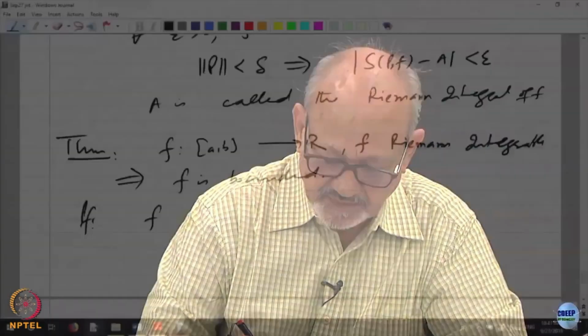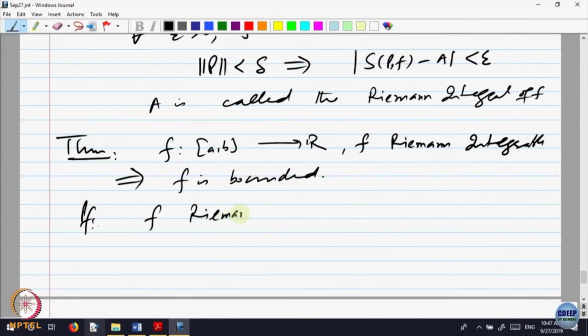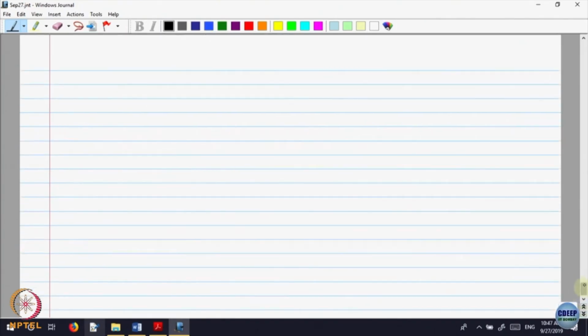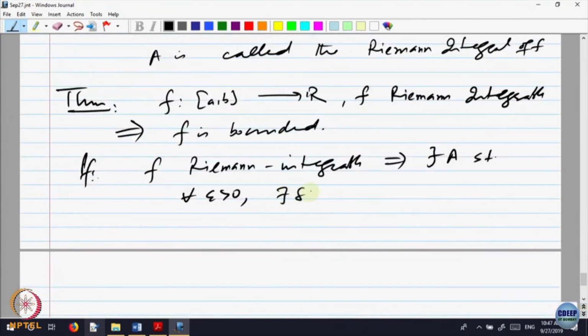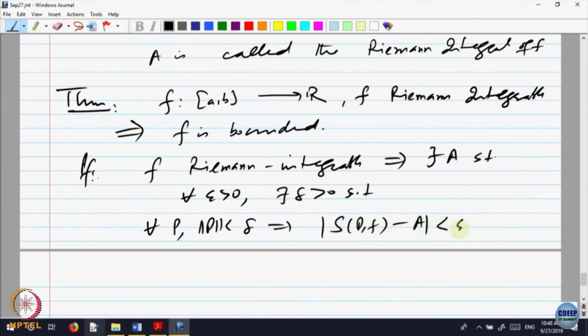So f Riemann integrable implies there is a number A such that for every epsilon bigger than 0, there is a delta such that for every P, norm of P less than delta implies |S(P, f) minus A| less than epsilon.